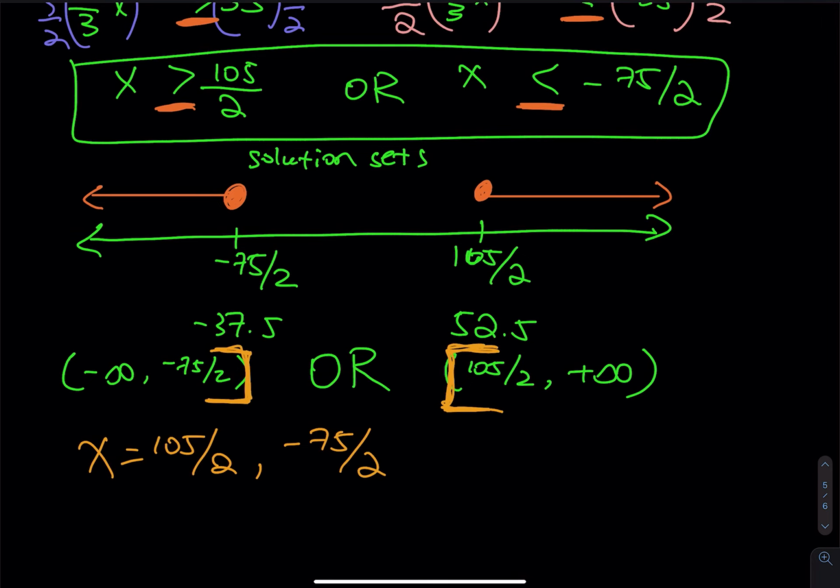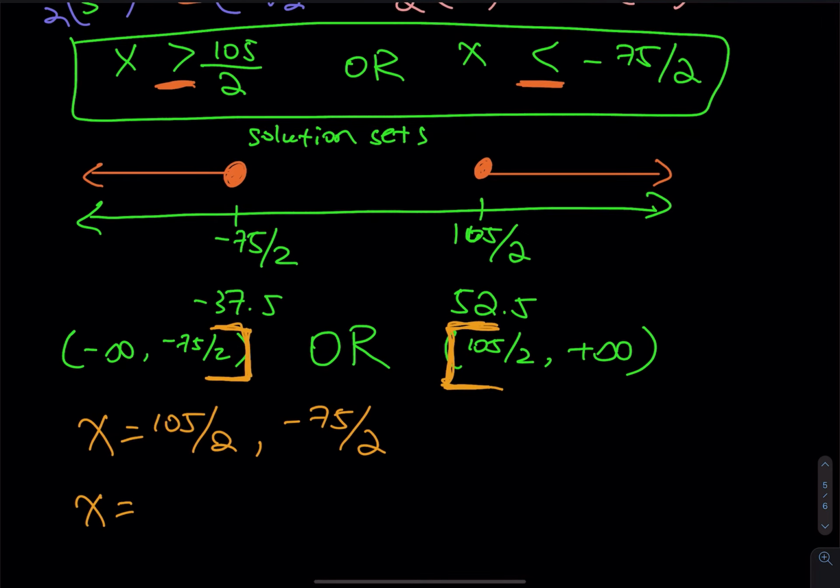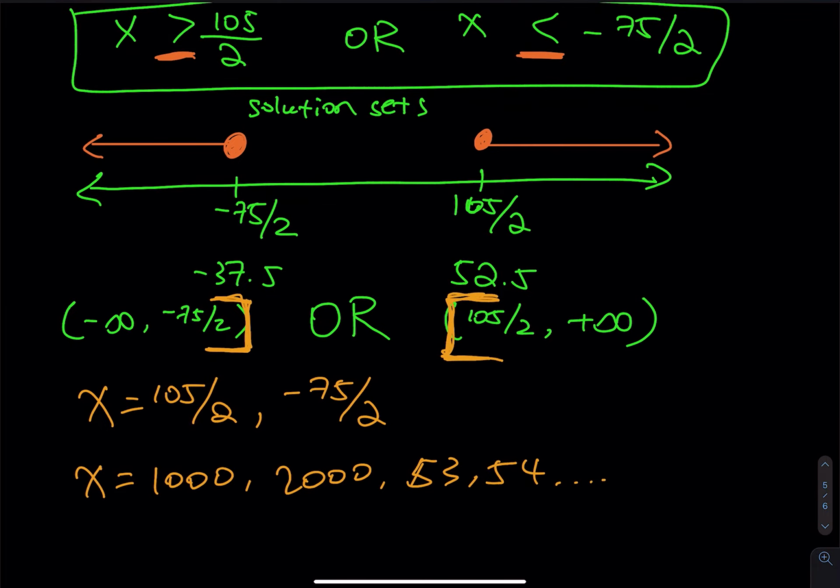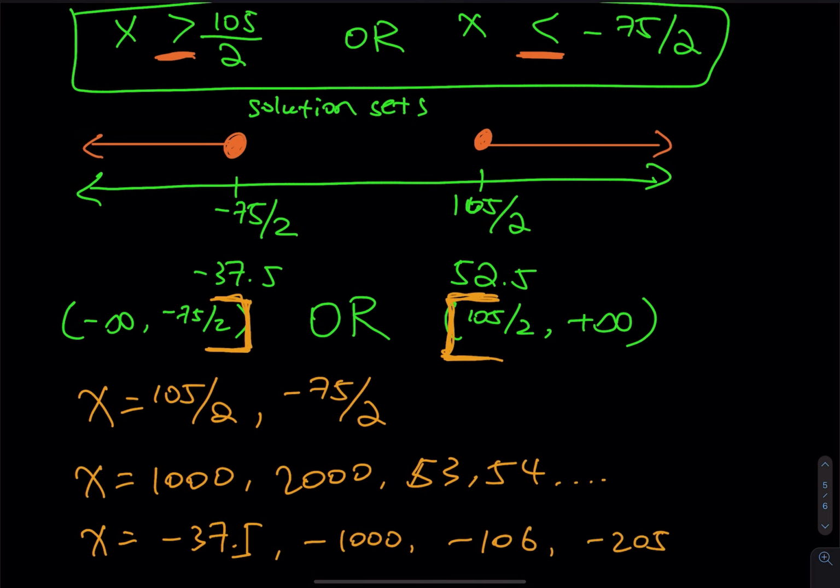Other than that, you can have numbers like anything greater than 52.5, like 1,000, 2,000, including 53, 54. If you want to play with the intervals on the left, it can be negative 37.5, negative 1,000, negative 106, negative 205.55, those types of numbers, right?